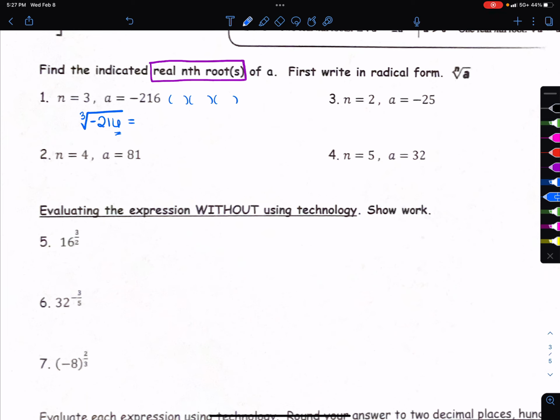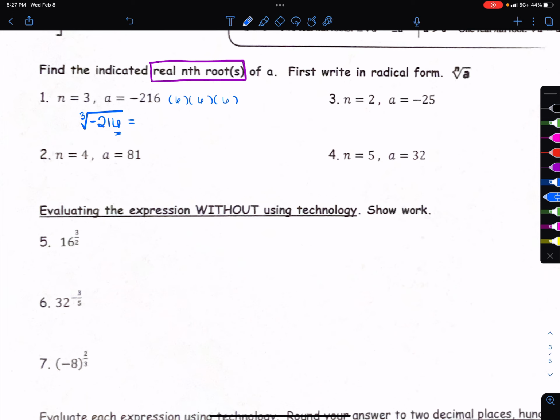So that's not going to work. If I do 4 times 4 is 16, times 4 again would give me 64. That's too small. So if I do 6 times 6 is 36, and if I do 36 times 6, that would give me 216.